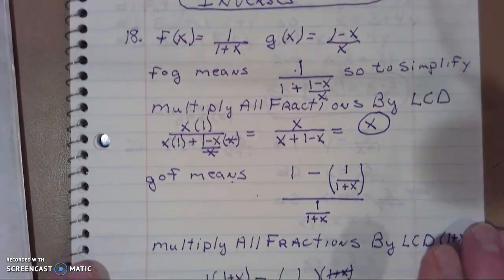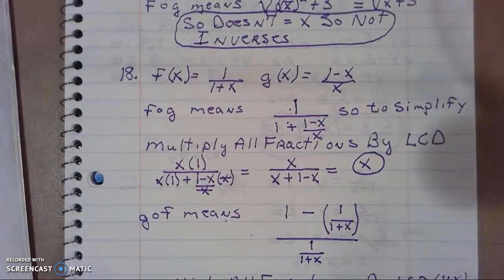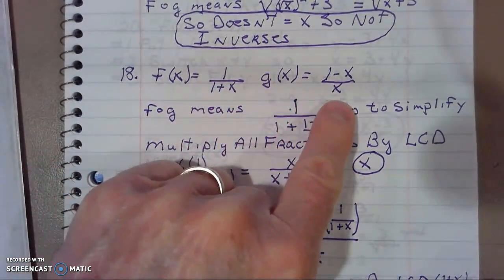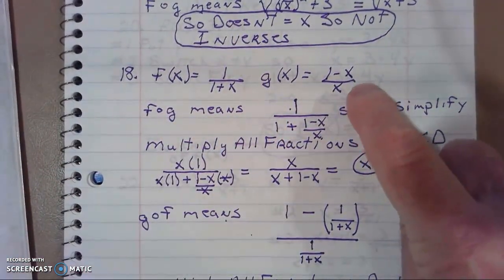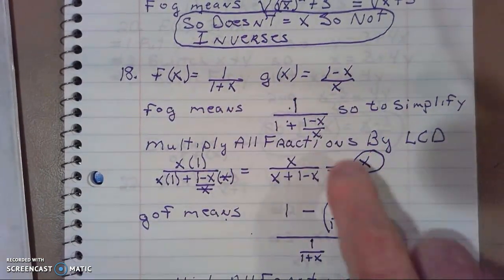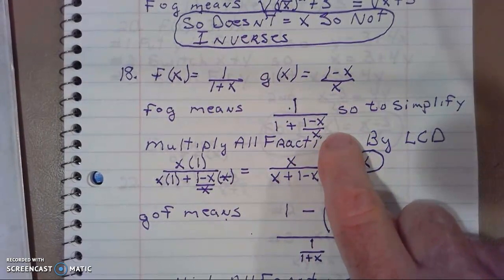Now 18 is a little more complex. 1 over 1 plus x and 1 minus x over x. First, I take this one and put it in for this x, as I show right here.